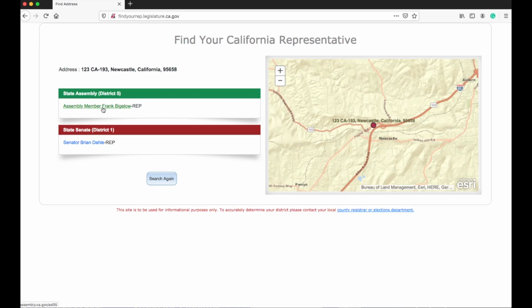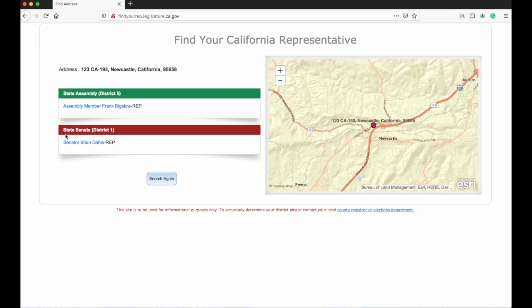Now, if you look at Frank Bigelow's district, you're going to find that his district is smaller and represents fewer people than Brian Dahle's office. Brian Dahle is a state senator, so he represents about twice as many people as the assembly member in the same area.